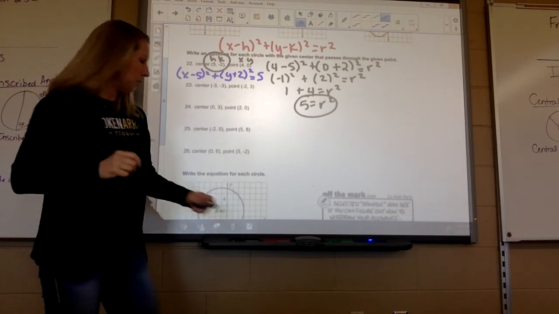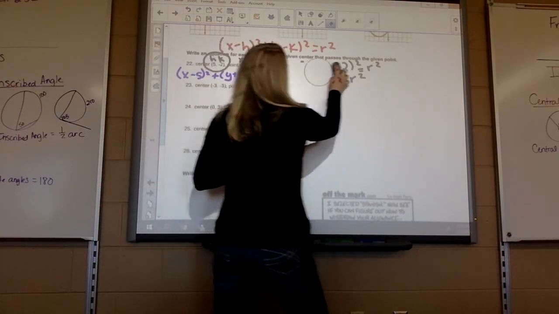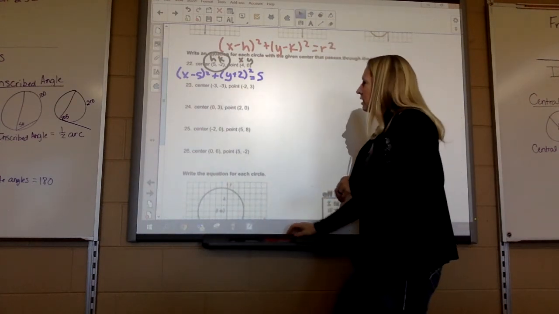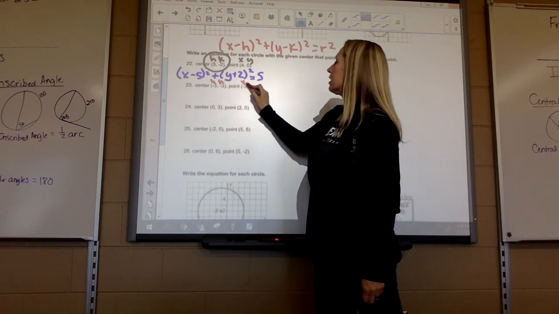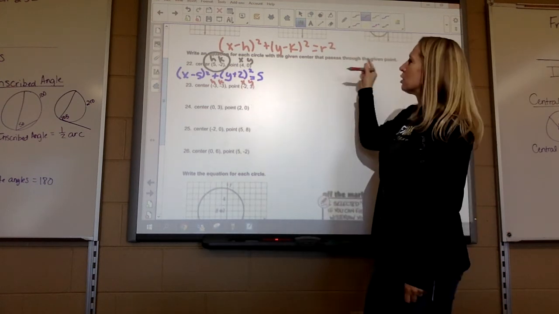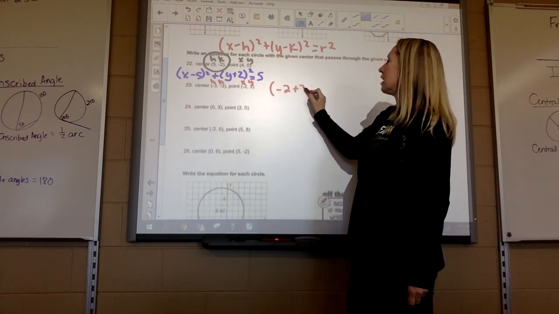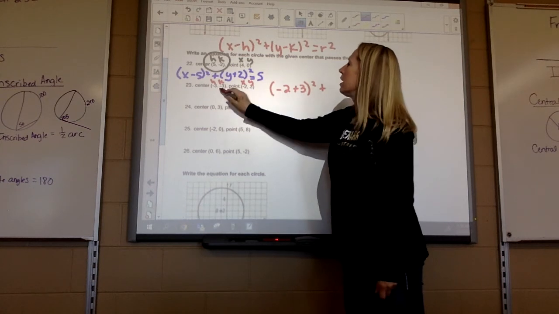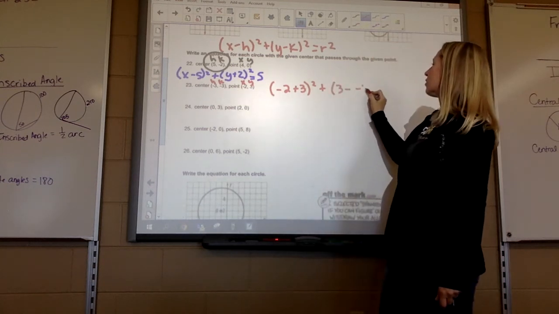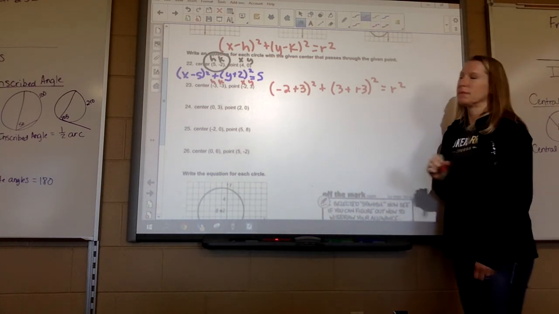So I'll do one more of those and we should be good. So if I look at the next one, my center is h and k and my point is x and y. So I would just plug it in. So negative 2 minus a negative 3, which makes plus 3 squared. 3 minus a negative 3, which makes plus 3 squared equals r squared.